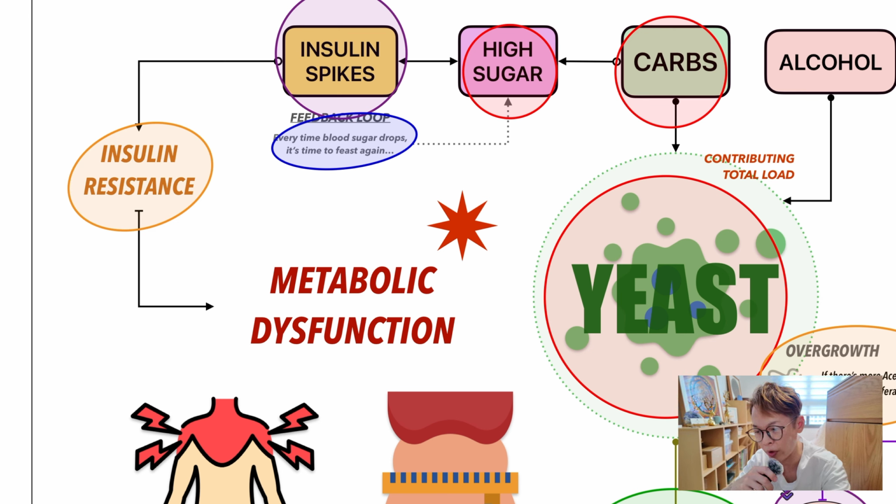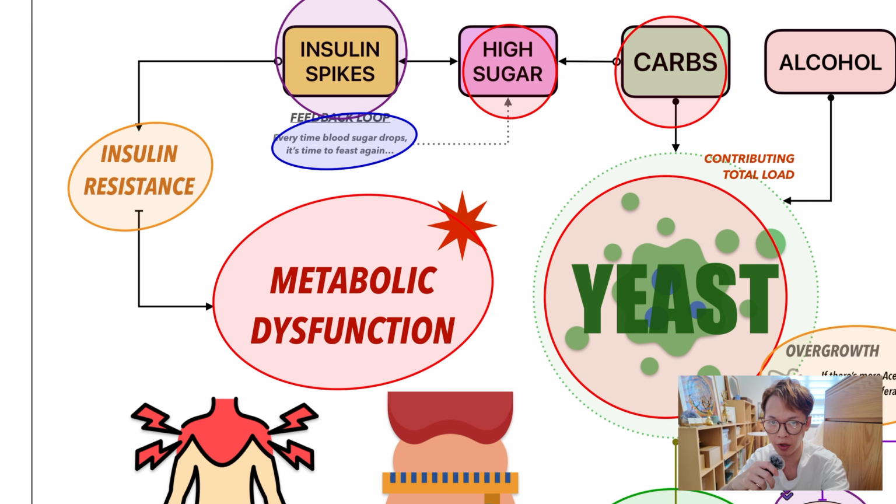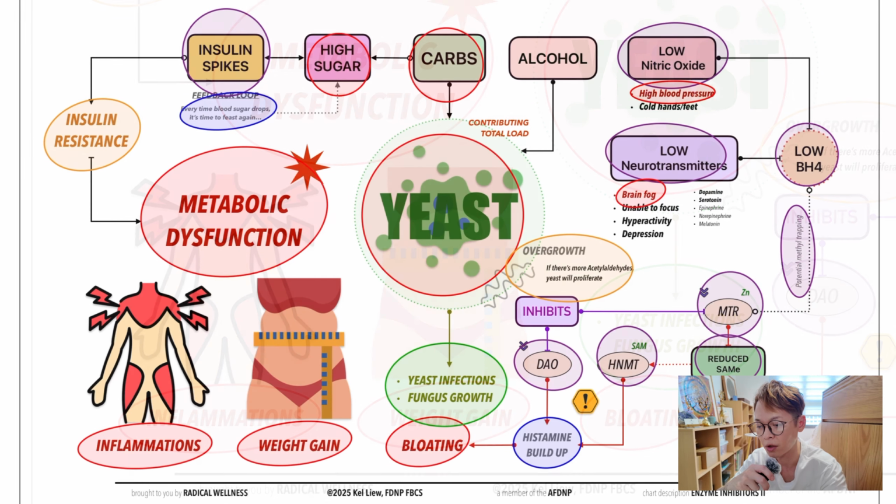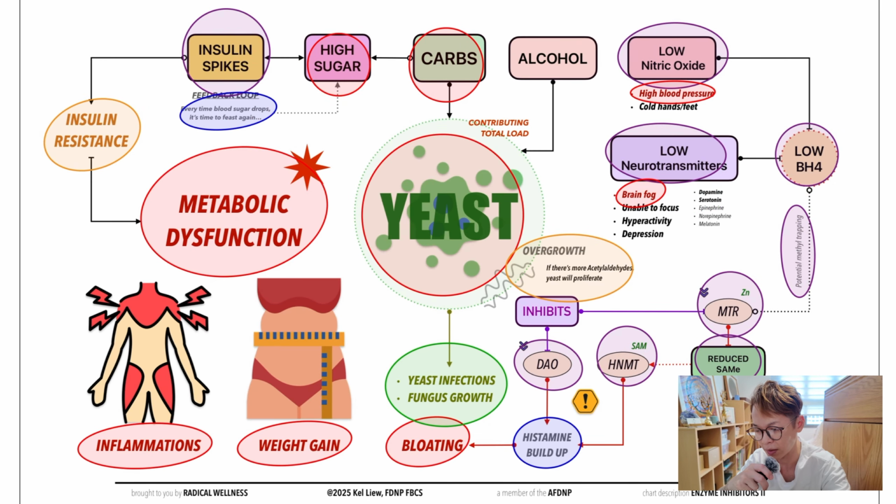Then it may progress slowly into metabolic dysfunctions. When you have a lot of these dysfunctions inside our body, it creates a lot of inflammation. When you have insulin resistance, one of the signs is also weight gain. So you can see that all these signs and symptoms are all related. It's all interlinked and interplay between your different systems.